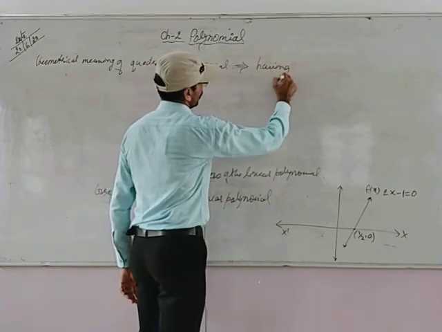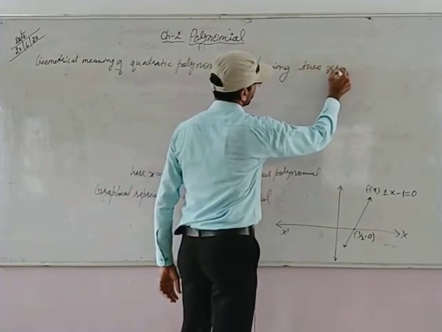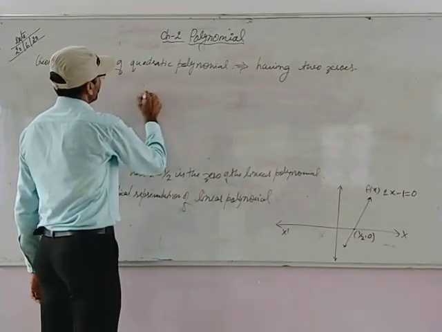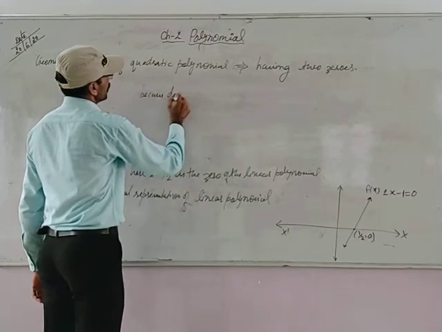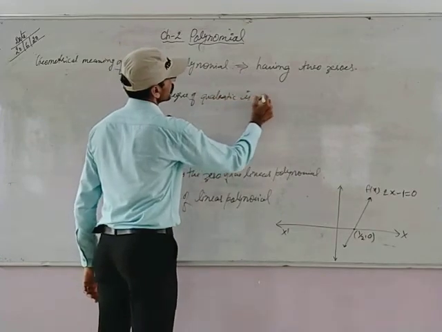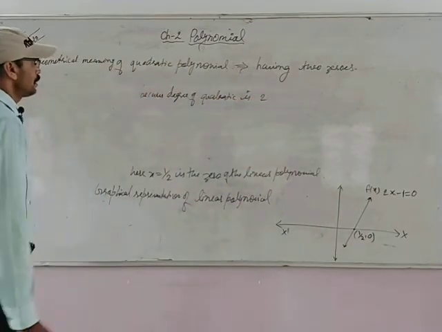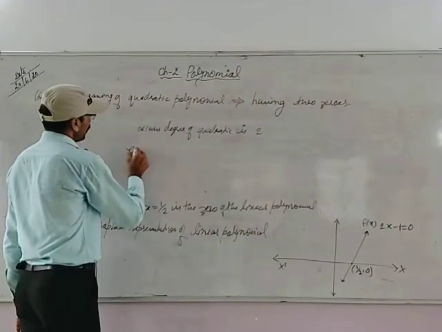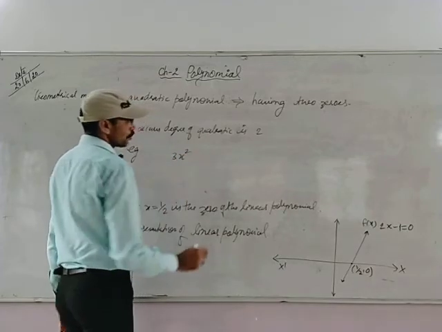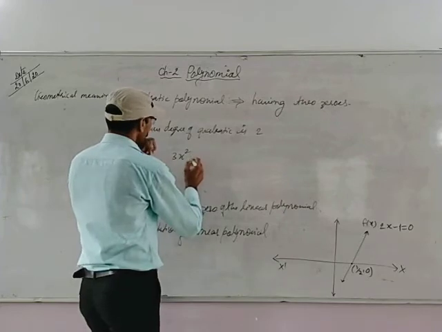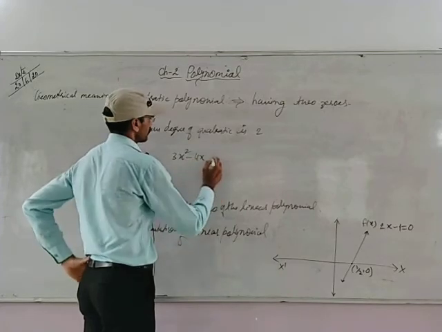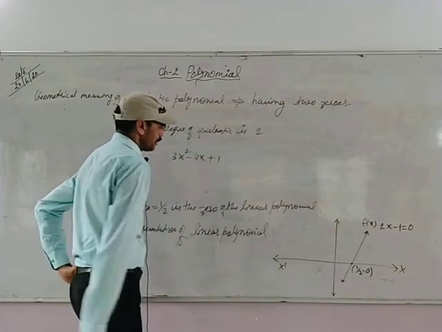A quadratic polynomial has two zeros because the degree of a quadratic is 2. Now example, 3x square minus 4x plus 1.